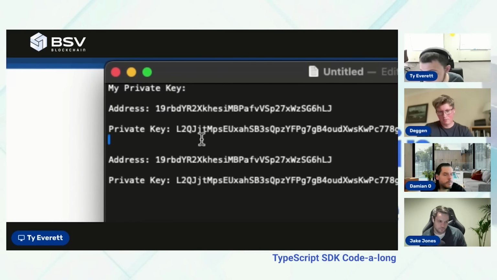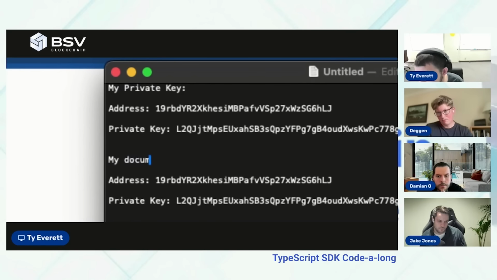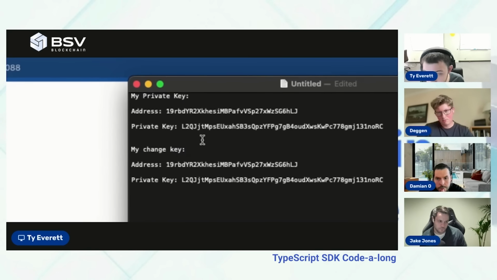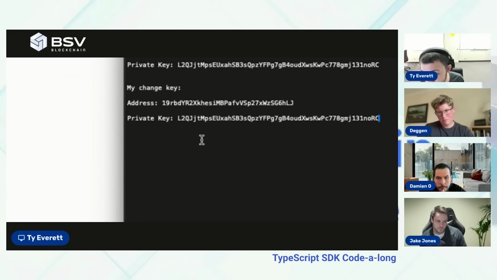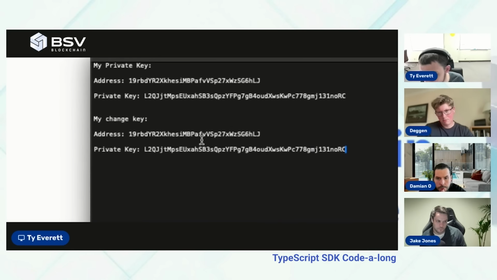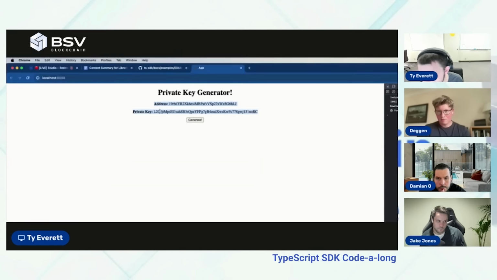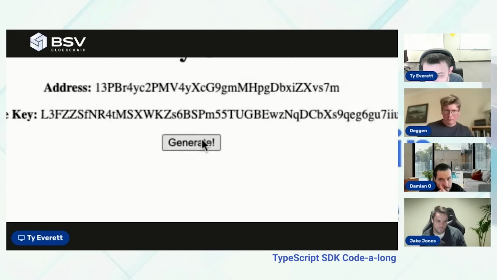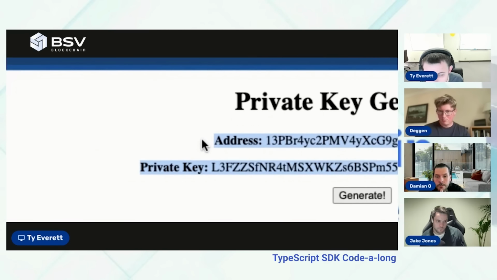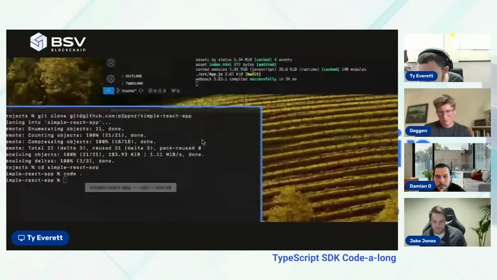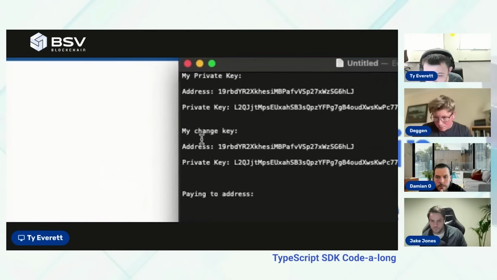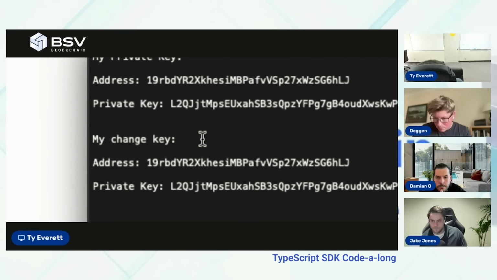So if we all create a document like this, we'll have our private key, our change key, and an address that we're paying to. And then the source transaction and V out.